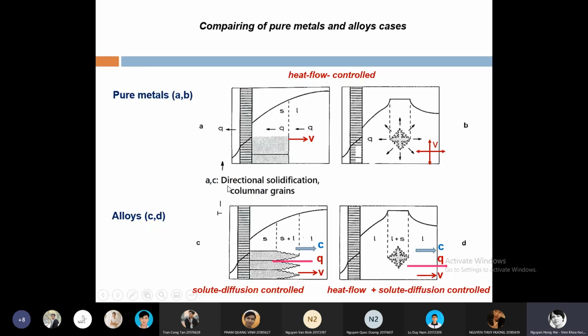And in this case, A and C, you have directional solidification, and you have the columnar grain. Maybe a columnar grain or maybe columnar dendrite. Dendrite is also a grain. So you have the columnar grain, A and C. And B and D, we have the equiaxed solidification, and you have equiaxed grain, B and D. You can see the difference between the four cases.